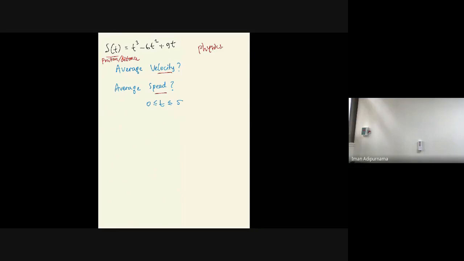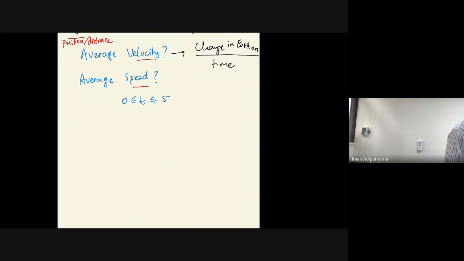Velocity is just the change in position divided by time, and speed is the total distance traveled divided by total time.